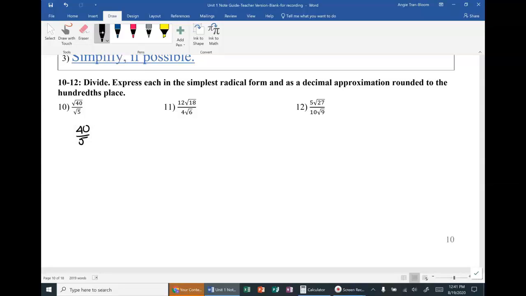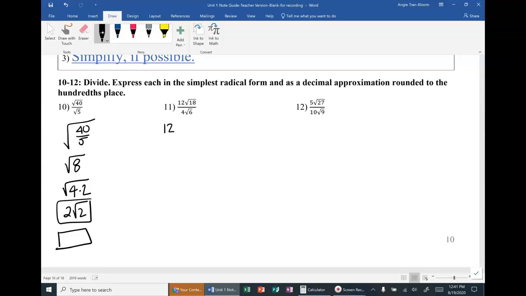Again, just like multiplication, when you have two different numbers under two different radicals, you can put them under one big ginormous radical. So 80 divided by 5 is going to give us square root of 8. Simplify square root of 8 because 8 is really 4 times 2. Square root of 4 is really 2. So that's going to give me 2 rad 2. Go ahead and enter that in and give me a decimal approximation.